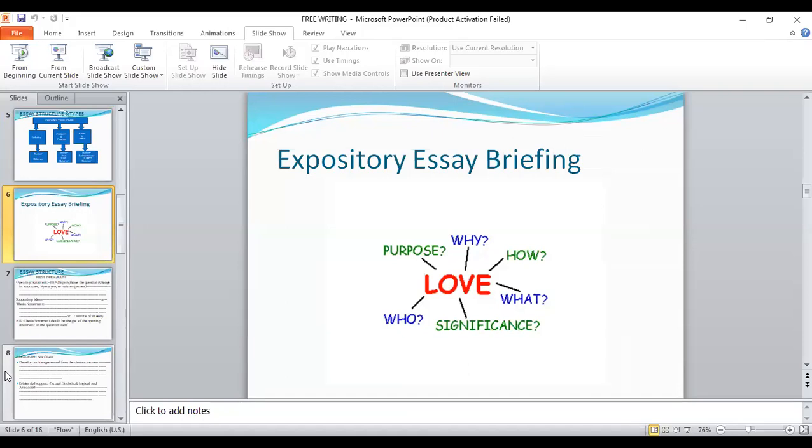You can put any topic in place of love and make a chart like how, what, significance, who, purpose, and why. Then you will generate the ideas. This process is generally called a brainstorming session.